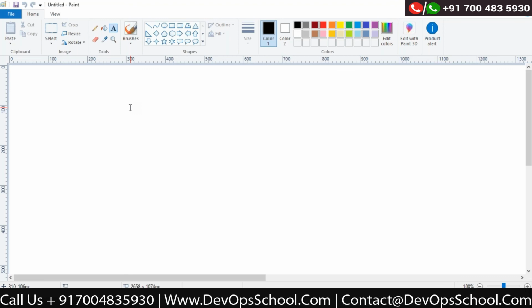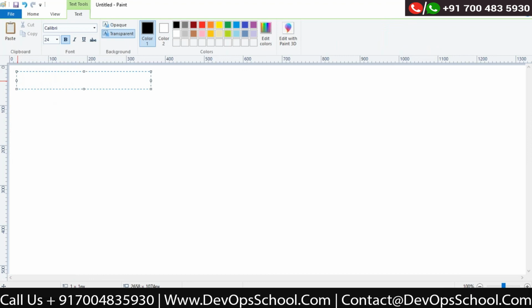Now we know that we are logically dividing a particular network into smaller chunks, correct? Now let's take one more example of subnetting and understand what the problem is. So if I say this is a class C, I'm specifically taking class C because it's very easy to understand.